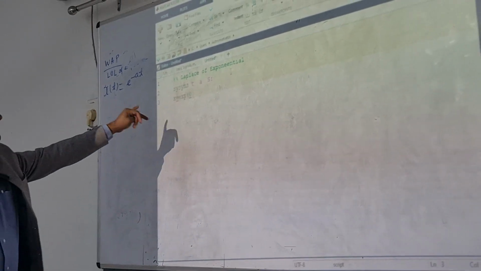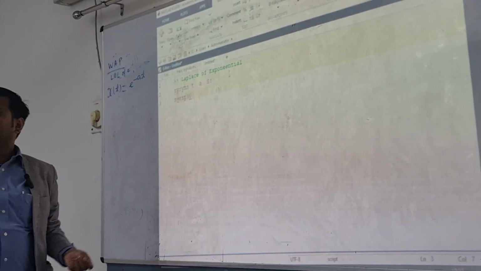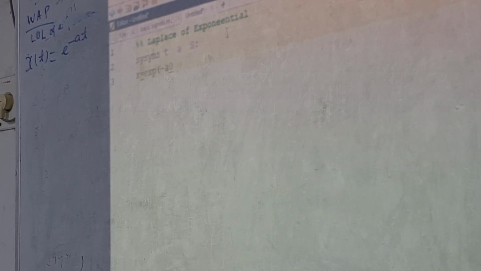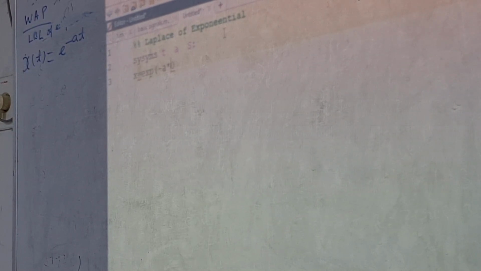Then write x is equal to exp. This is the notation used in MATLAB. Exp in brackets, e to the power at. This can also be written in brackets as minus a, multiplication denoted by star, and t.